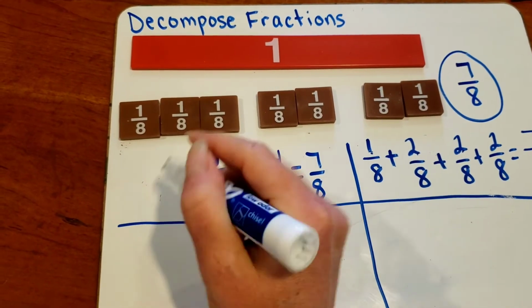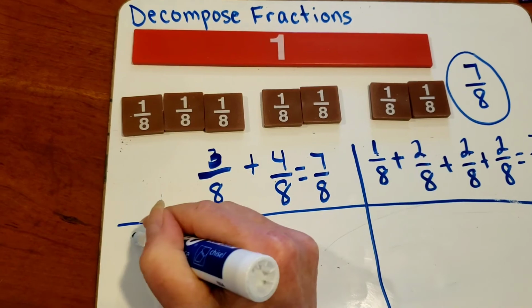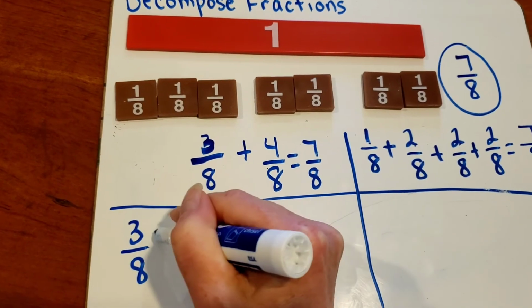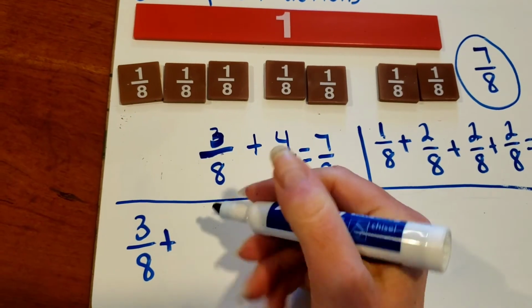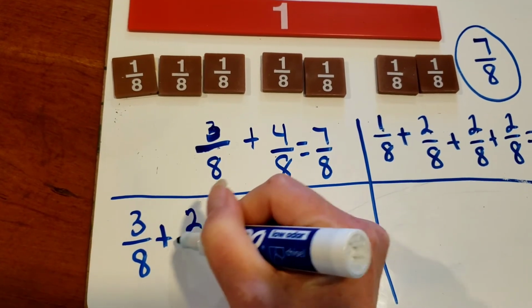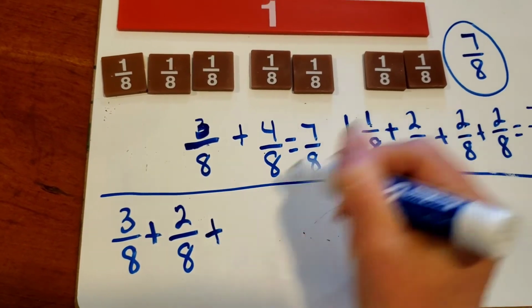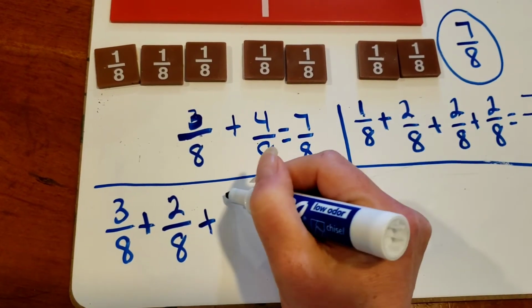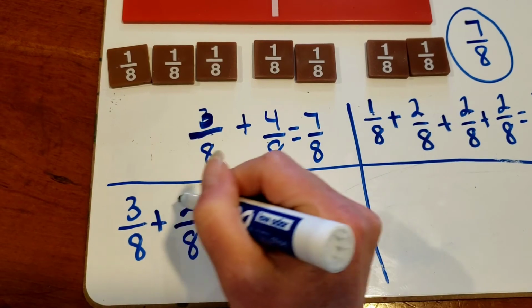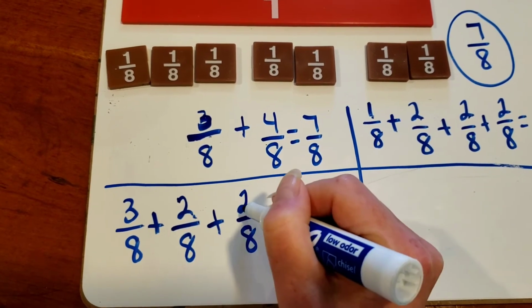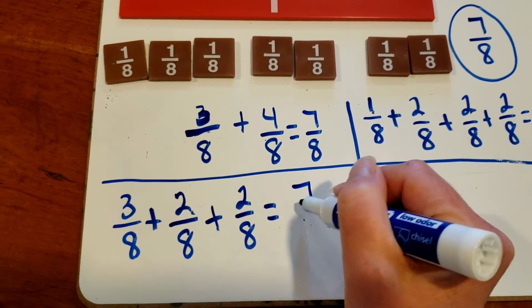So I'm going to write that here. I'm going to write the 3/8 here, followed by, oops, the 2/8. And then finally, this last 2/8. So 3 plus 2 is 5, and 5 plus 2 is 7.